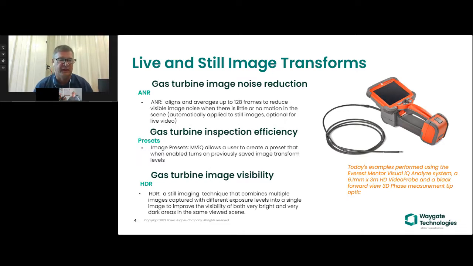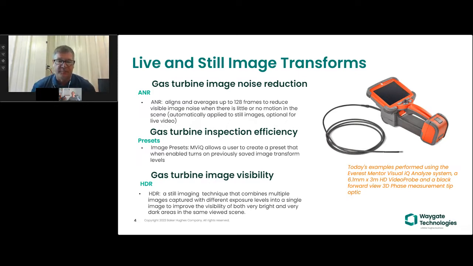As well, I talked about it earlier, I'm going to show you quickly how you can create a preset using 2 or 3 or more of these image transformations, and then just refer back to one button to click it on in case you're using that in a particular application all the time. It's really more of an efficiency gain for you. And then I'm going to talk about a still image transition that you can make called high dynamic range. So that's where we'll get started.